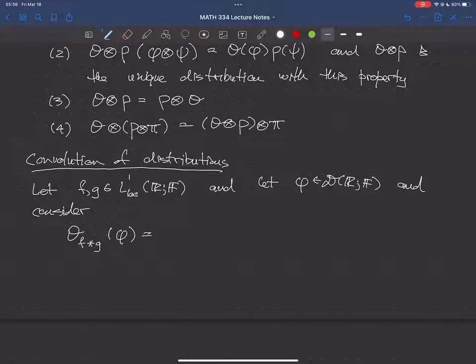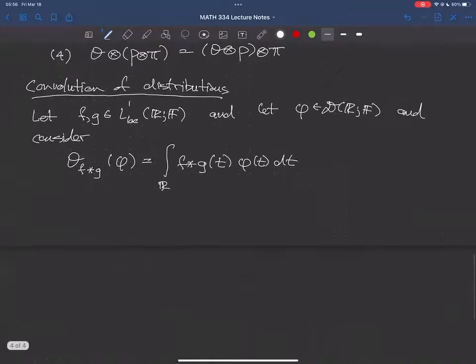This is going to be the integral over R of f star g of t times phi of t. Provided that the pair f, g is convolvable, this integral will always make sense. But the convolution itself is given to us by some integral.